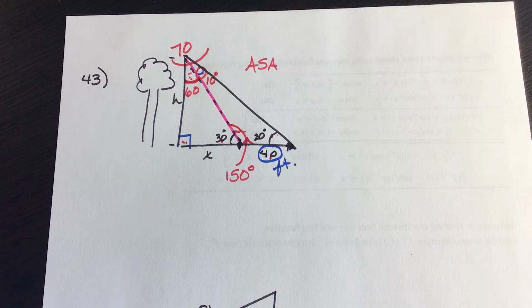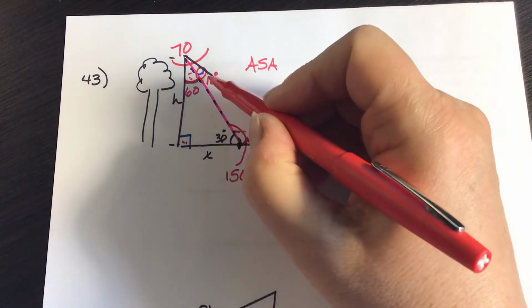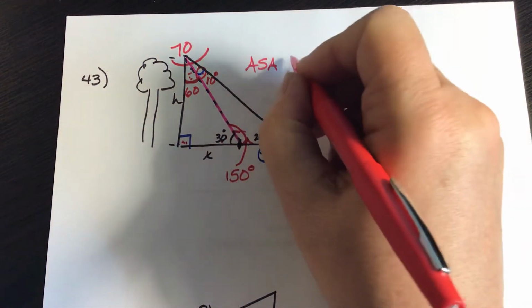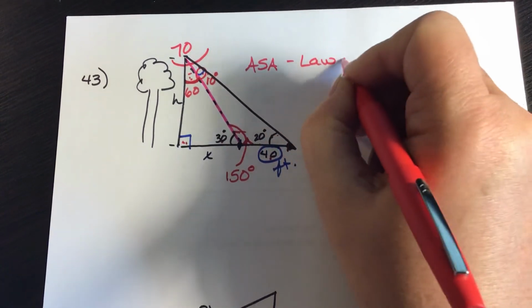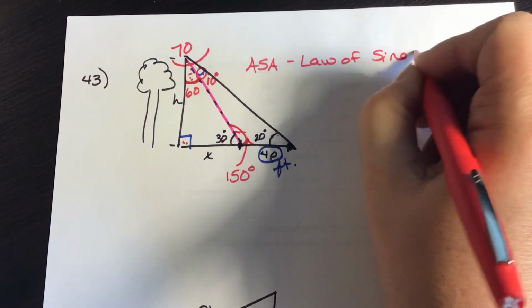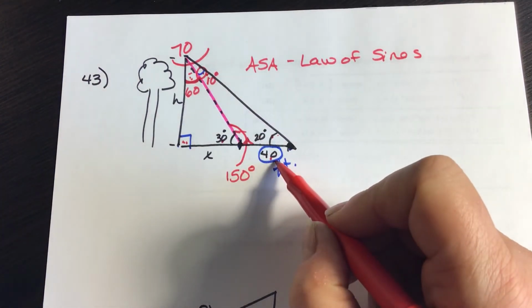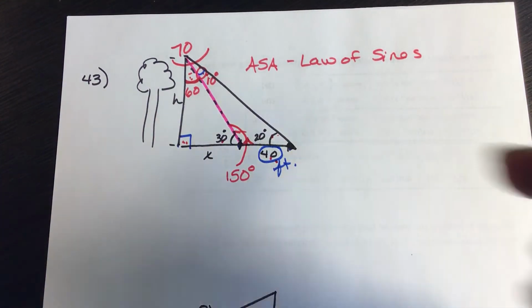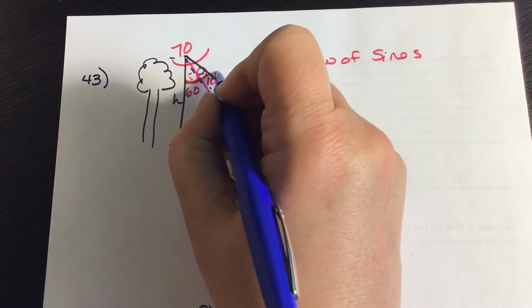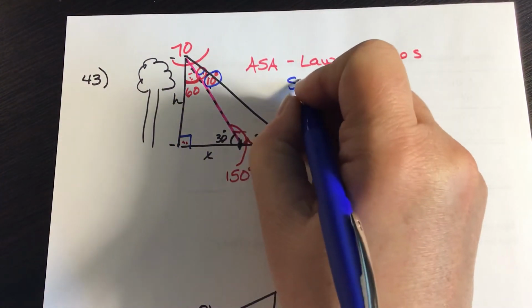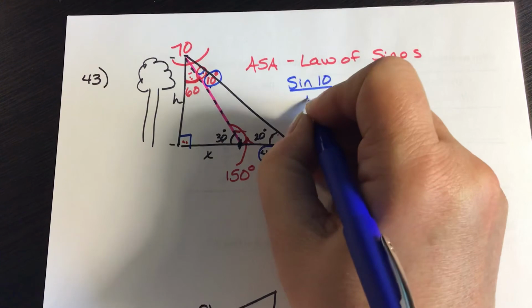All right, so I need to know that angle because if I'm going to use the law of sines, I need a ratio with an angle and the side opposite. All right, so that ratio is going to be sine of 10 degrees over 40.